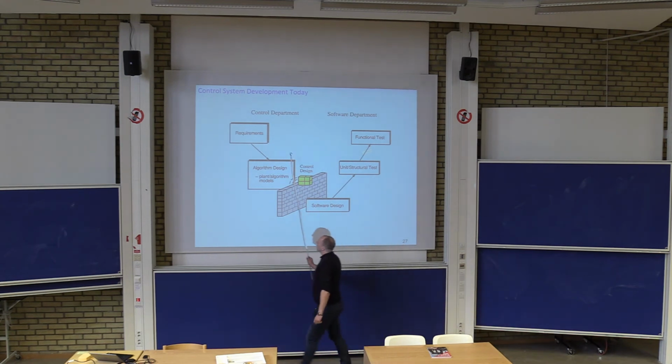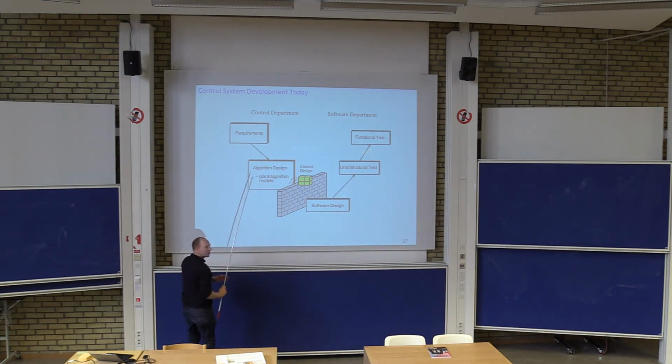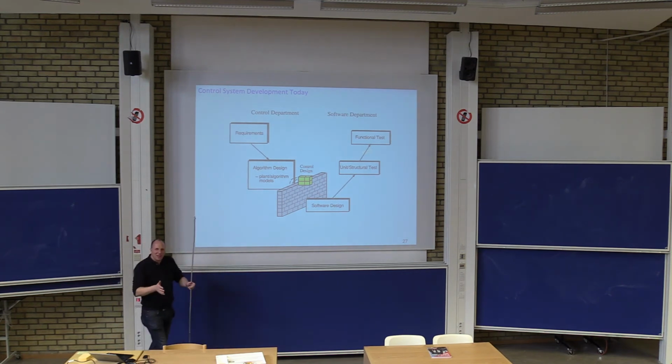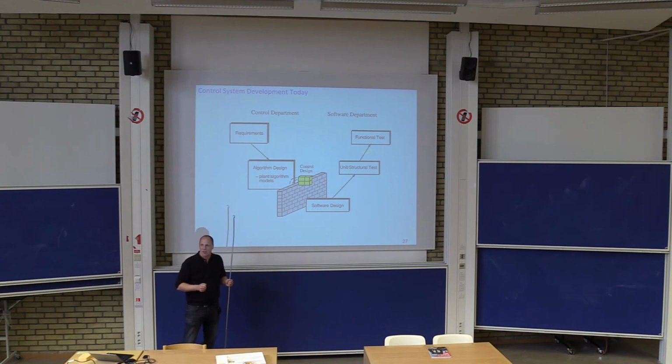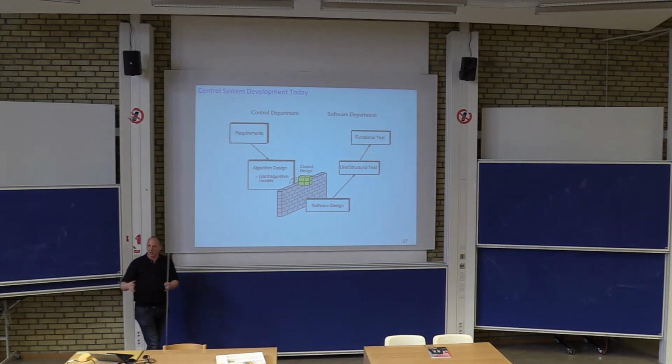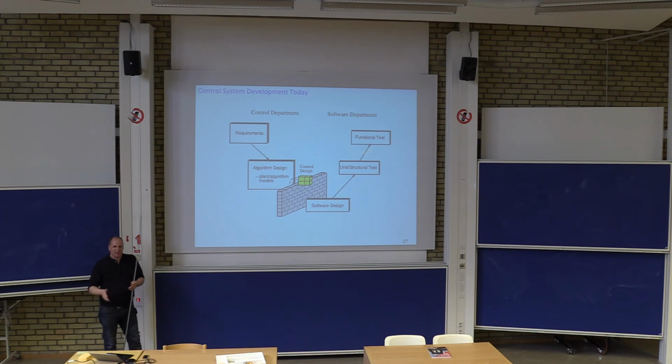And if you talk to control engineers, going back in the linear control system design, you basically assume that, okay, I have unlimited access to the processor. You don't take into account that you might be sharing the processor with a lot of other control tasks. That's not included in your control design at all.